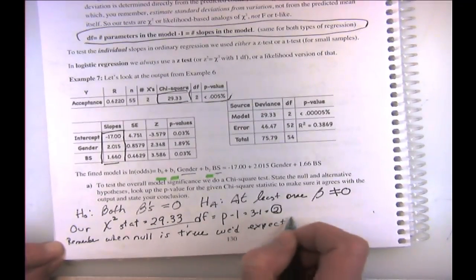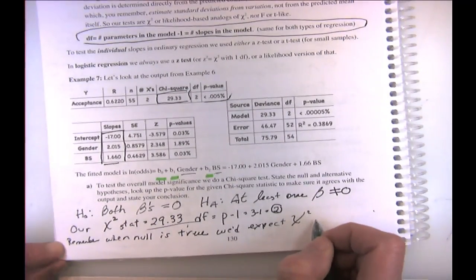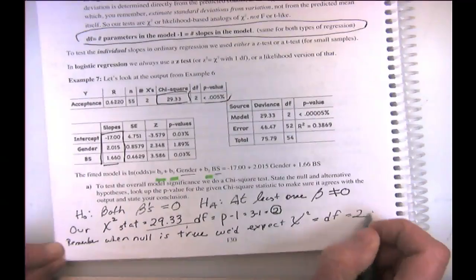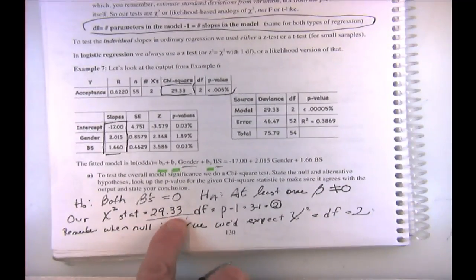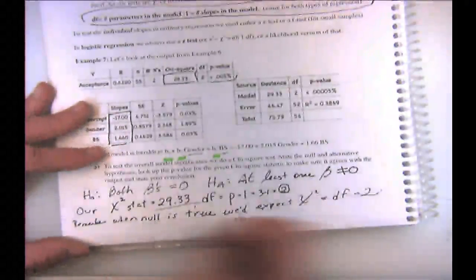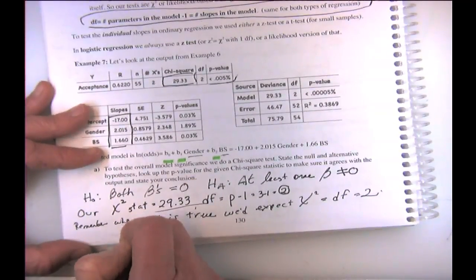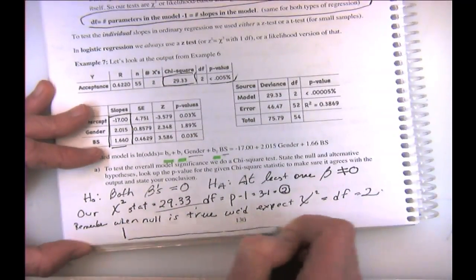We'd expect a chi-square value equal to the degrees of freedom, which would be equal to 2. And we got one that's so much bigger than that. So we'd expect it to look like, whoa, I'm going to make a huge long tail.